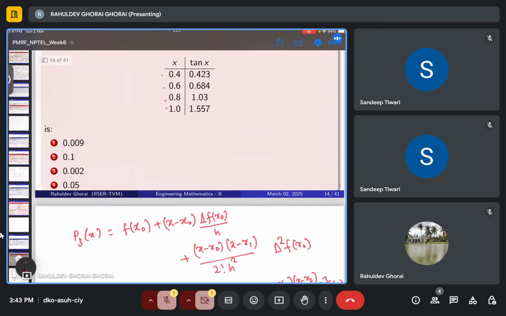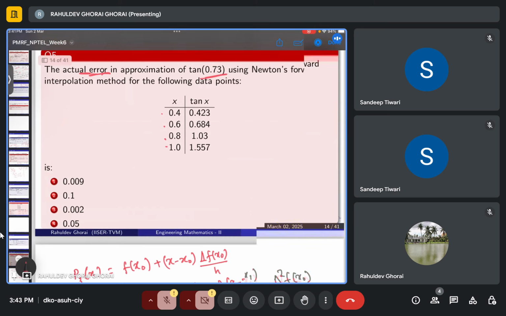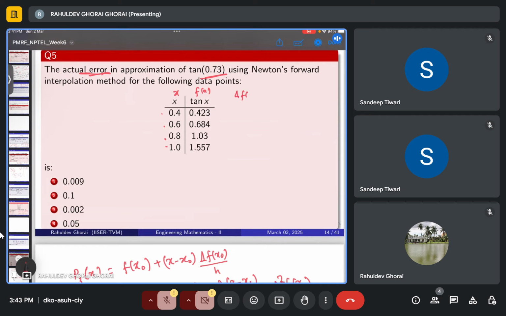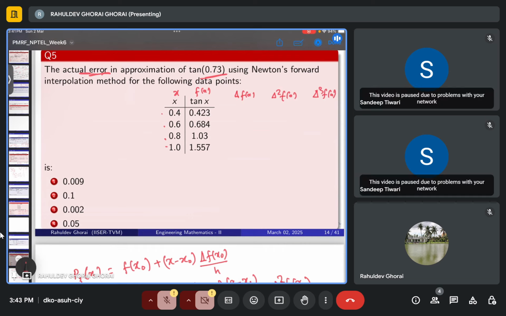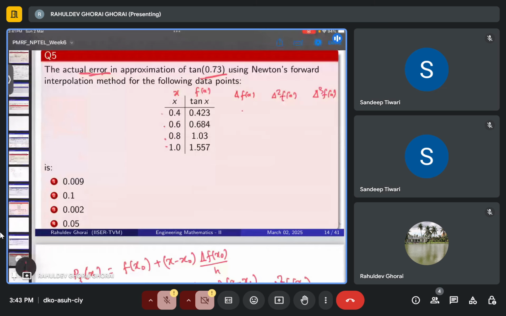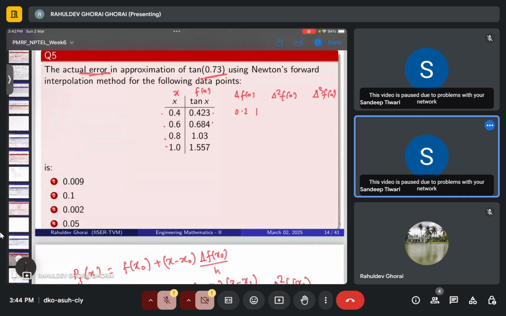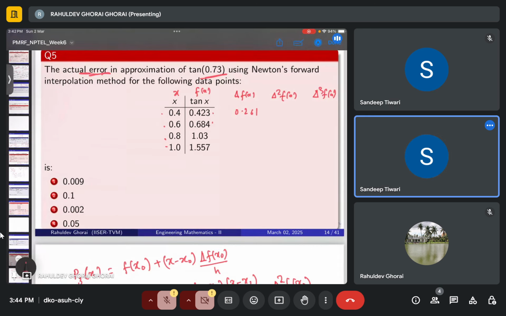So mainly what people usually do: this is x, this is fx, then delta fx and delta 2 fx, and delta 3 fx, keep on going. As it's forward, at this one it will be this minus this, so it will be 0.261, right?